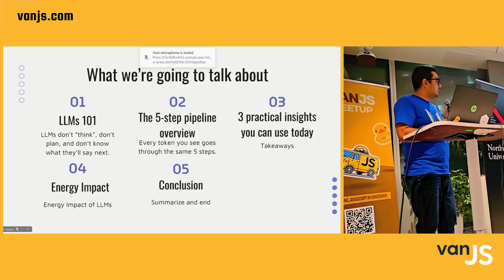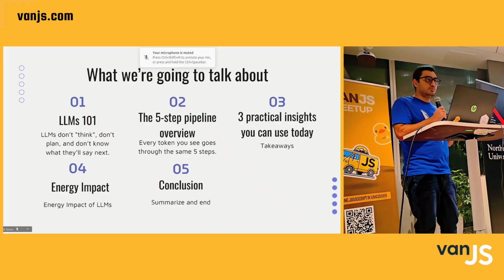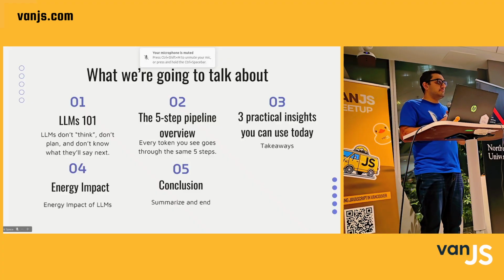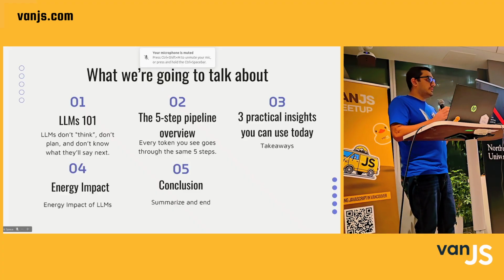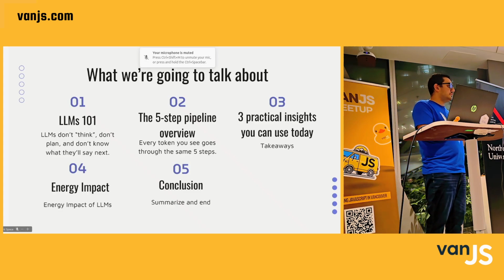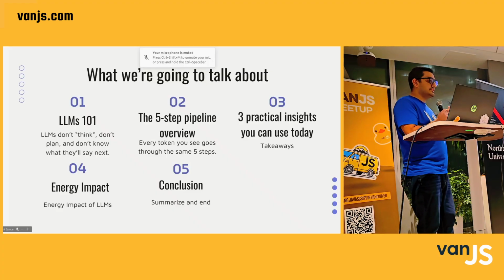Alright, so what we are going to talk about today is a little bit of LLM 101. For those of you who have been using ChatGPT and other LLM models, we're going to talk about how behind the scenes these LLMs work. Then I'm going to talk about the 5-step process of LLMs, the large language models, and how ChatGPT and other systems work.